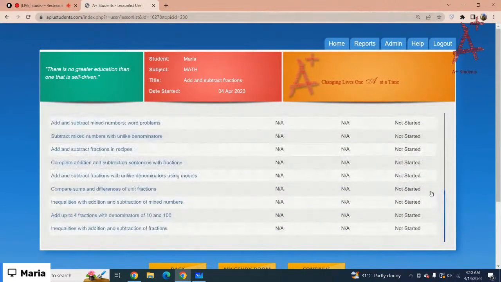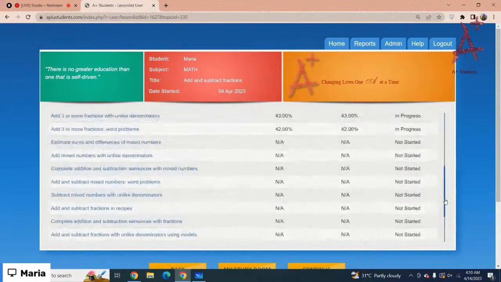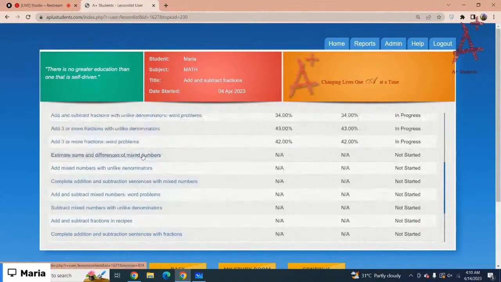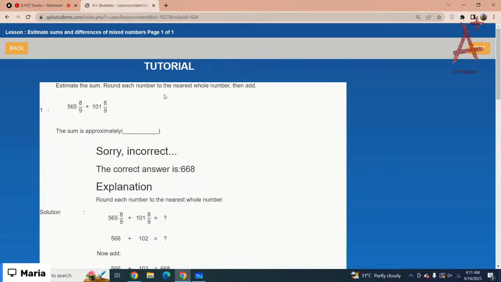Okay, the next lesson is estimate sums and products of mixed numbers. So let's just start with the next lesson. Okay, so you have to estimate the sums. Got it?